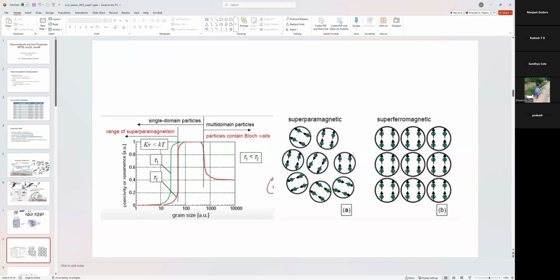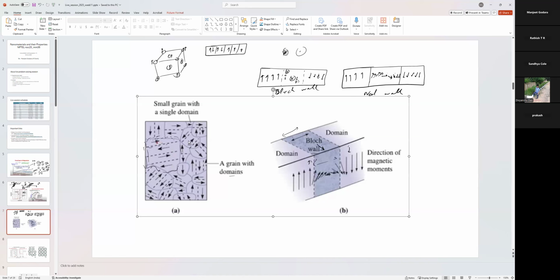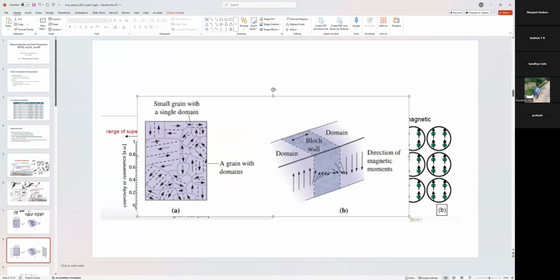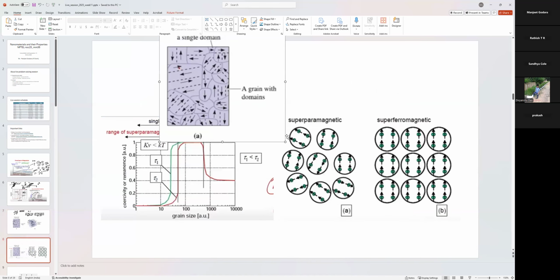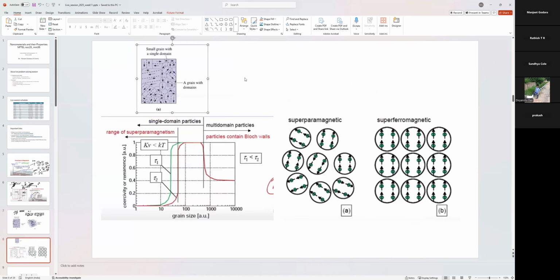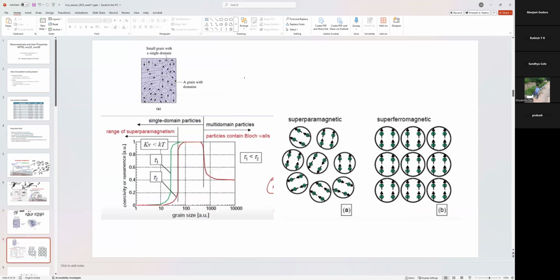Next you have ferromagnetic, super ferromagnetic and superparamagnetic materials. So now you're reducing your grain size, until the grain size becomes comparable to the magnetic domain size.